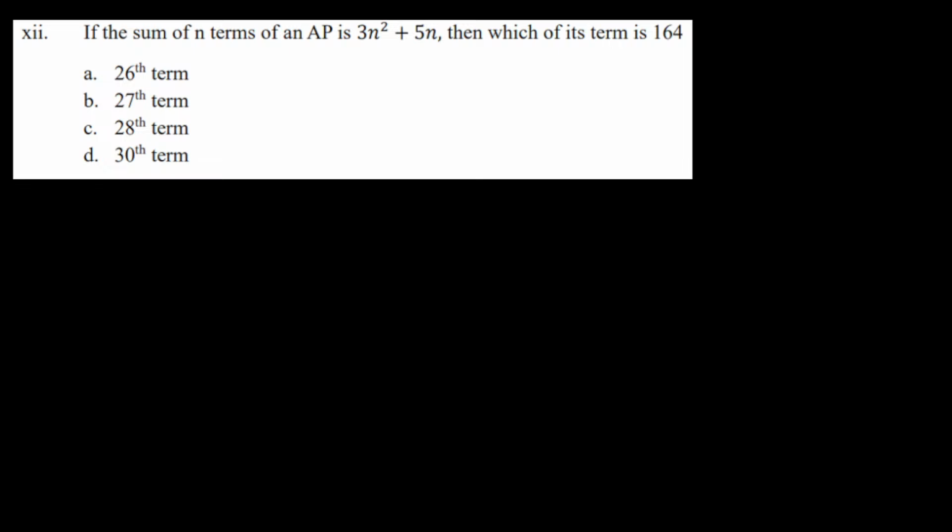Okay, next question. This is a question of arithmetic progression. If the sum of n terms of an AP is 3n square plus 5n, where we write the sum as Sn, so Sn equals 3n square plus 5n, then which of its terms is 164?